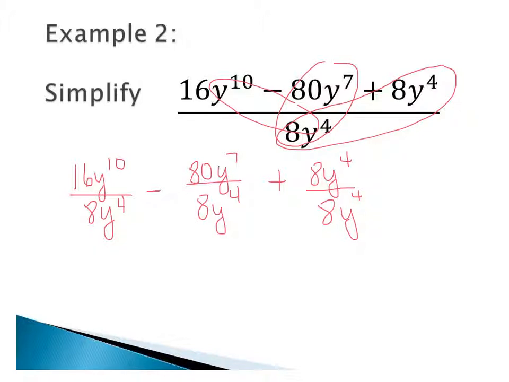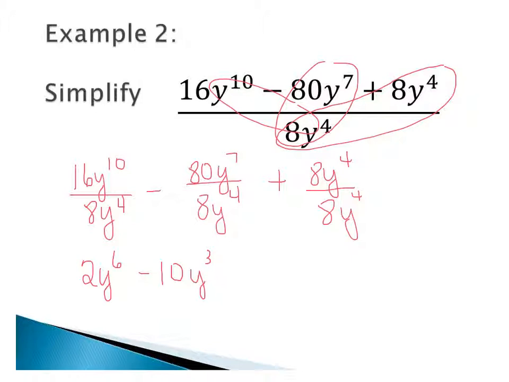So in the first, 16 divided by 8 is 2. And then y to the 10th divided by y to the 4th gives us y to the 6th. And then moving along, 80 divided by 8 is 10. y to the 7th divided by y to the 4th gives us y to the 3rd.